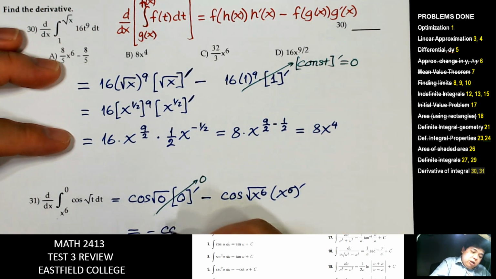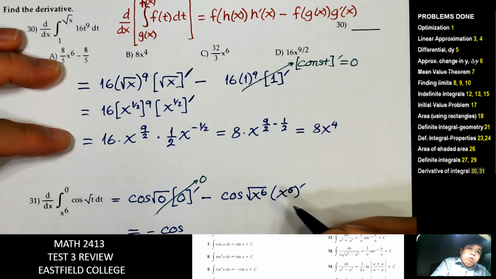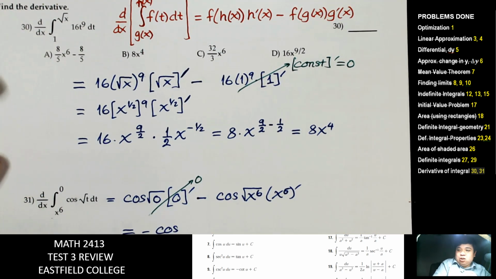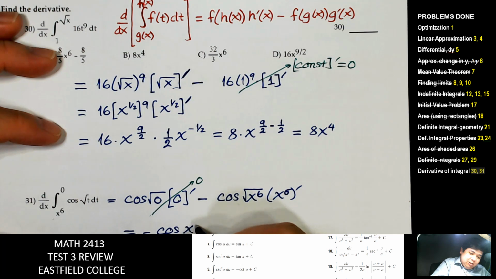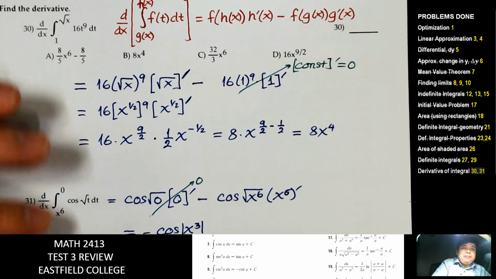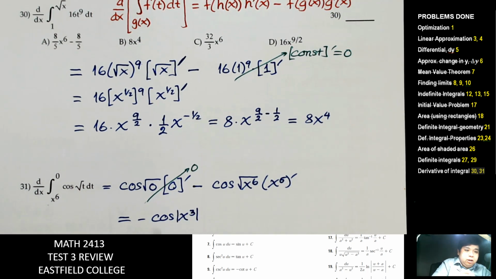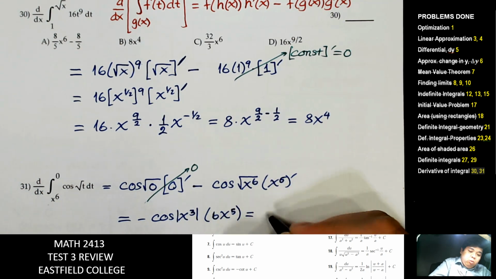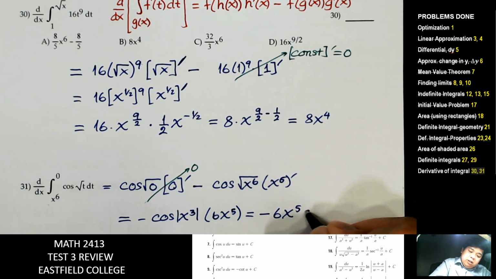Negative cosine of the square root of x to the 6, which should be the absolute value of x cubed, and then the derivative of x to the 6 is 6x to the 5th, which gives us 6x to the 5th cosine of absolute value of x cubed.